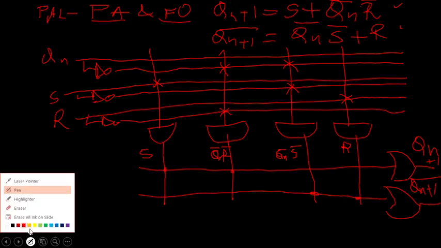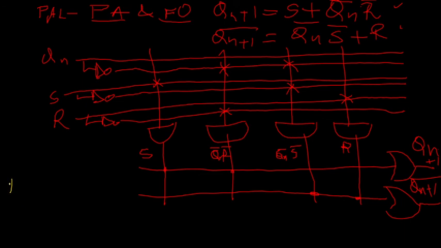Now the next one you have to implement is PLA. In PLA what is the difference? It has programmable AND and programmable OR. So see what is the difference. Suppose for PAL you have one output with 5 inputs, and another one with 2 inputs.